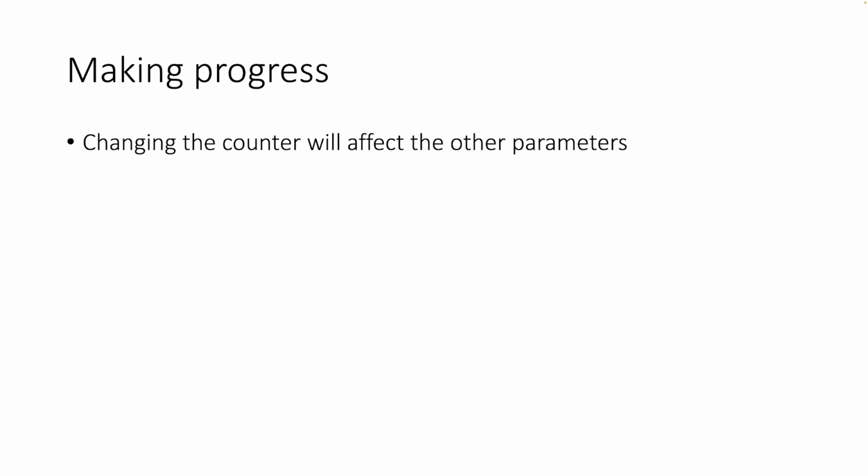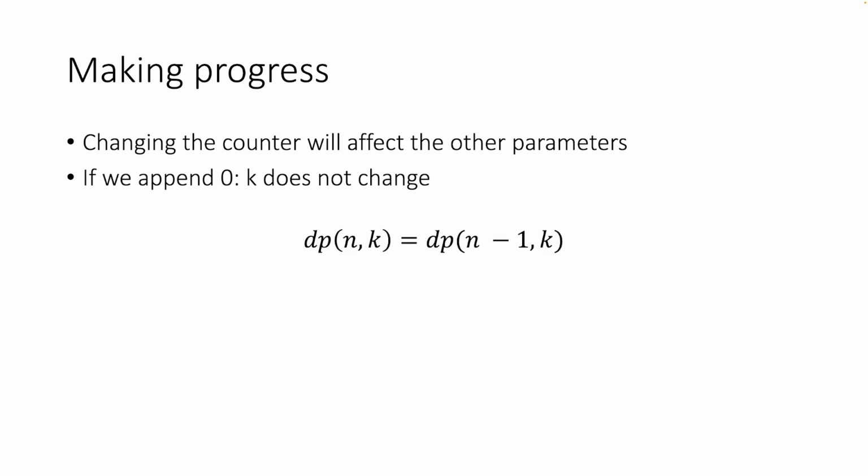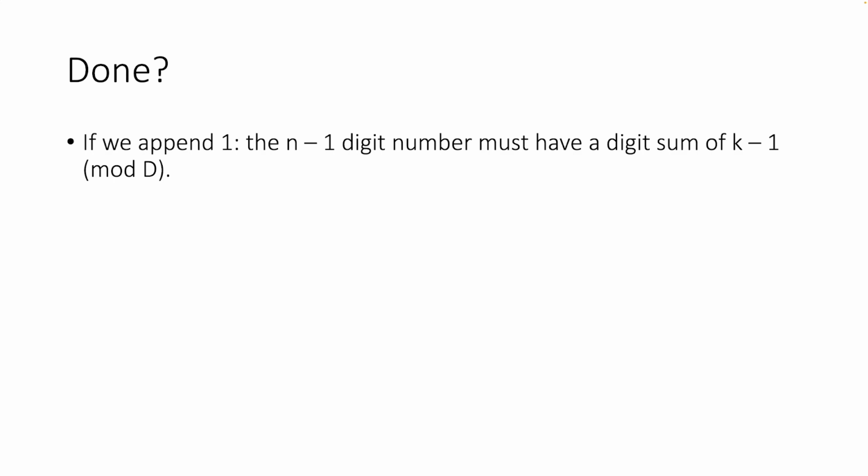So, it's quite obvious that changing the counter will probably affect the other parameters as well, in our case k. If we append a 0 to an n-1 digit number, then k will not change. So we get dp of n,k equals dp of n-1,k. So is this it? Are we done? Well, unfortunately not, because 0 is not the only digit that we can append. Always make sure that you've covered all cases in your recursion. If we append a 1, then the n-1 digit number must have a digit sum of k-1 mod d.